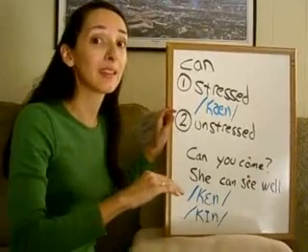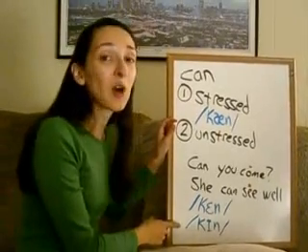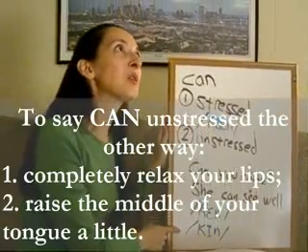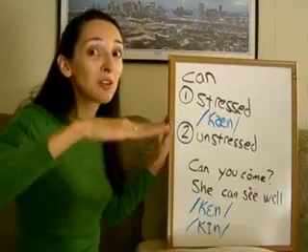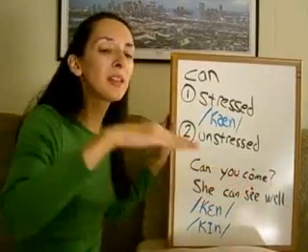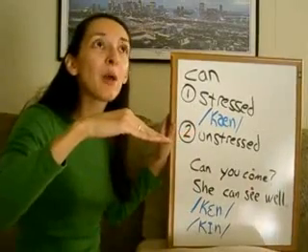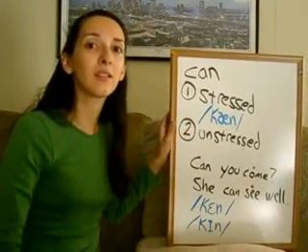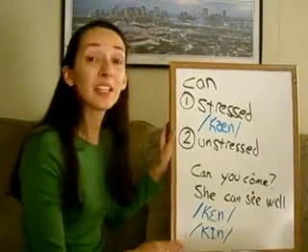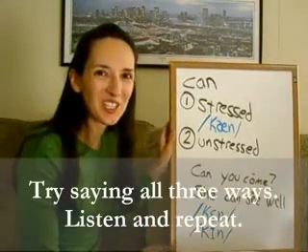Can. In the second alternative pronunciation, your lips are completely relaxed and your tongue is no longer flat and pushed forward. The middle part is actually pushed up a bit. Kin, kin, kin.